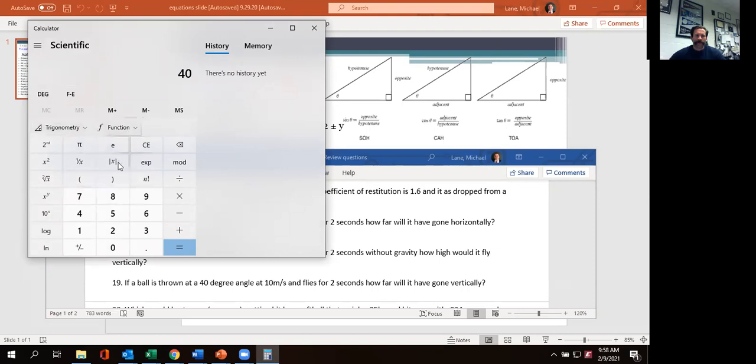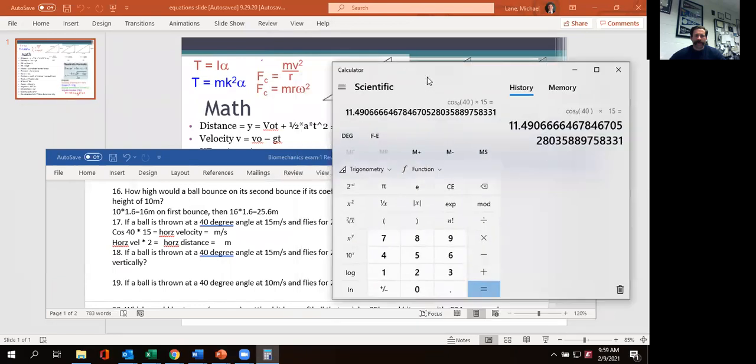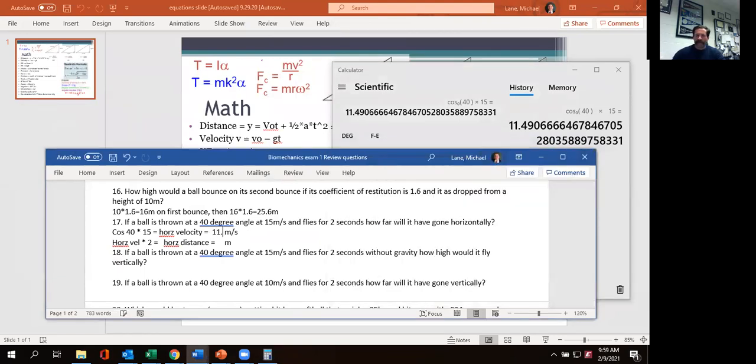We've got trig, we're in degrees. So we hit our cosine. We get 0.766. Multiply that by our velocity, which is going to be 15. Hit the equal button. So then we get 11.49, which in turn means that we're going to have gone a grand total of 22.98 meters.